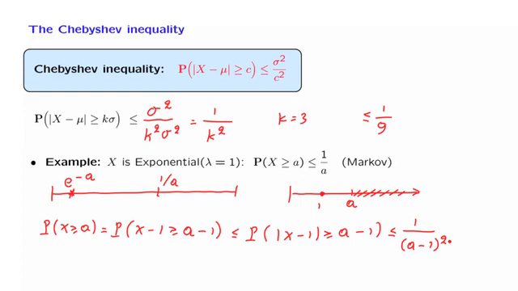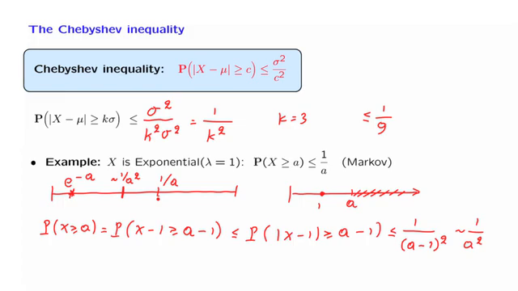Notice that if a is a large number, this quantity here behaves like 1 over a squared, which falls off much faster than 1 over a. So at least for large a's, the Chebyshev bound is going to give us a smaller bound and therefore more informative than what we obtained from the Markov inequality.